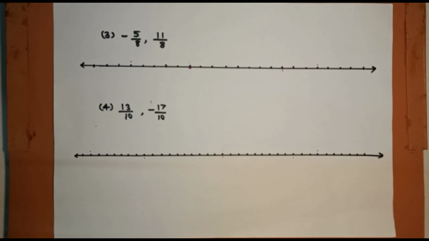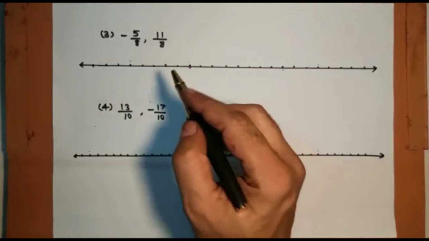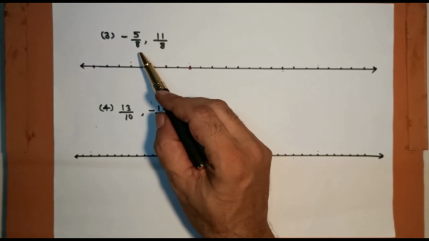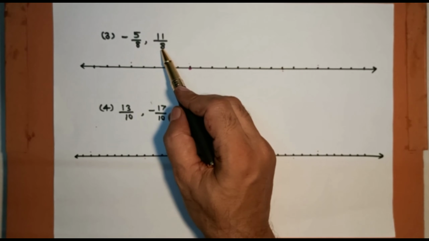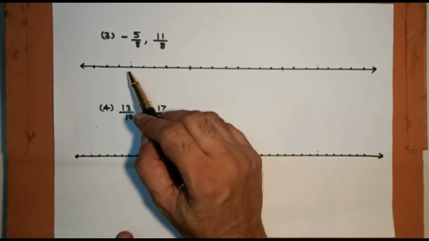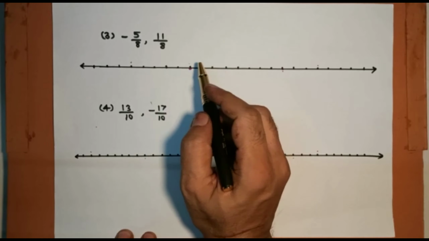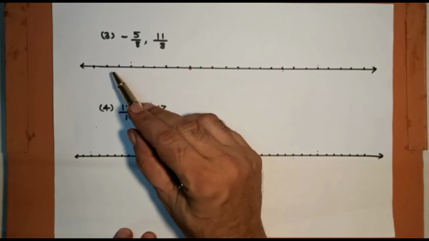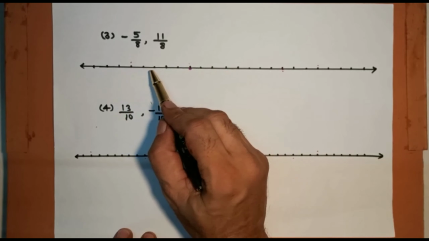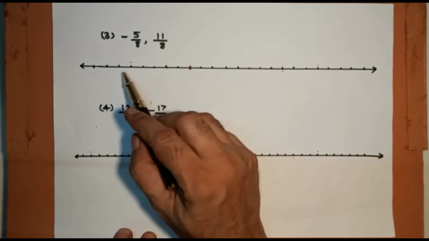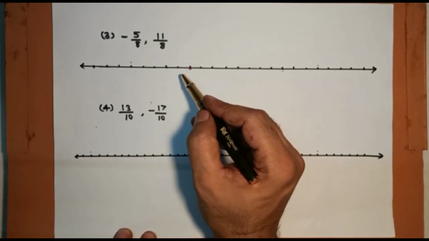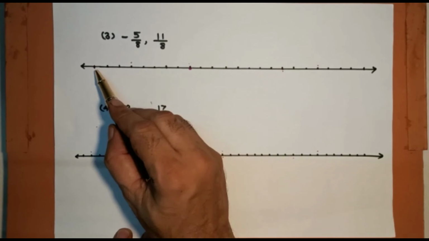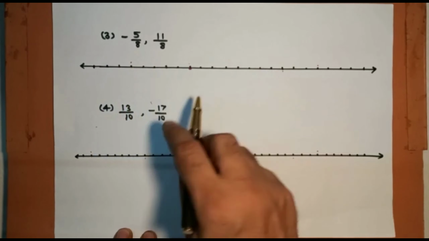Now let's go to the next question, the third question. The numbers are minus 5 by 8 and 11 by 8. In the same way, we have to draw a line. After drawing a line, you can take a scale of 1 centimeter or half centimeter and plot these points.